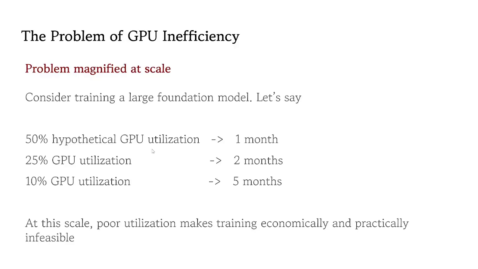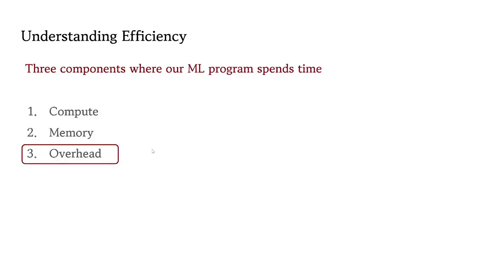And at 10% GPU utilization, which is quite poor, it takes 5 months. So for a company to spend this much time, like 5 months, with poor utilization of GPU, it means that the economics won't work out well for them. And also, with the timelines and with how the market works, it will be very infeasible for them to launch a model like this.